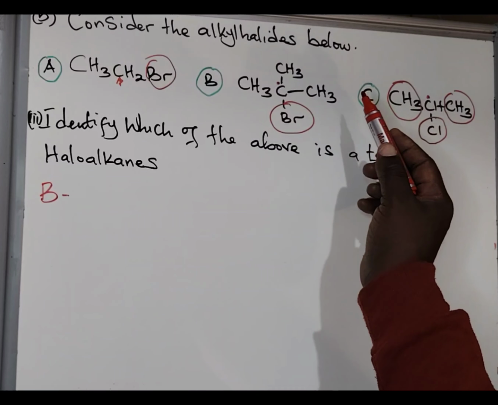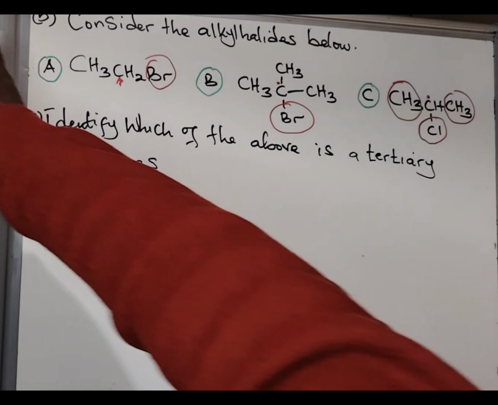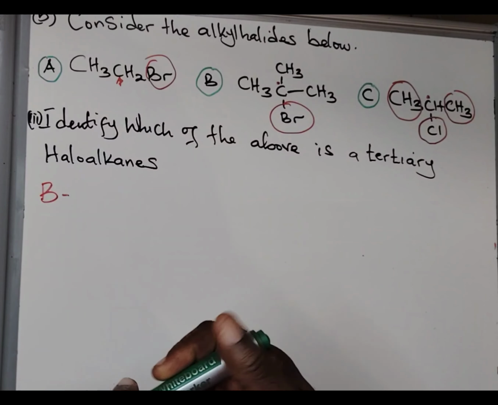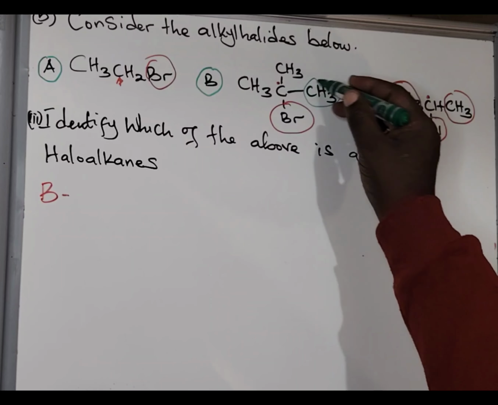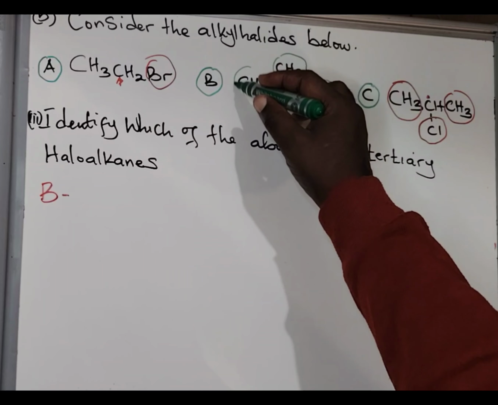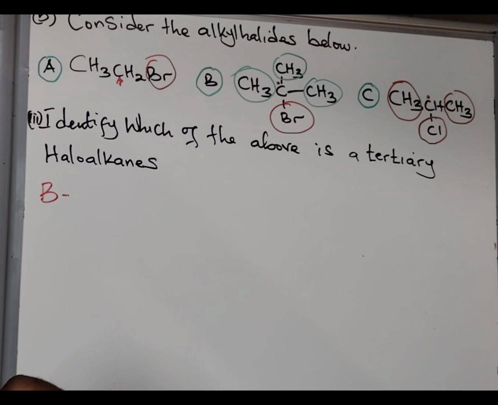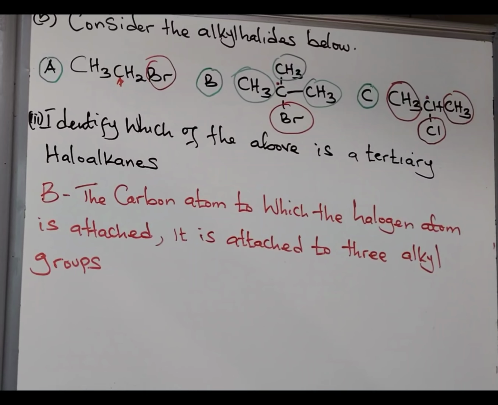And when you examine it, you are going to find out that it is attached to three alkyl groups. And that's what makes it a tertiary. So that is that.